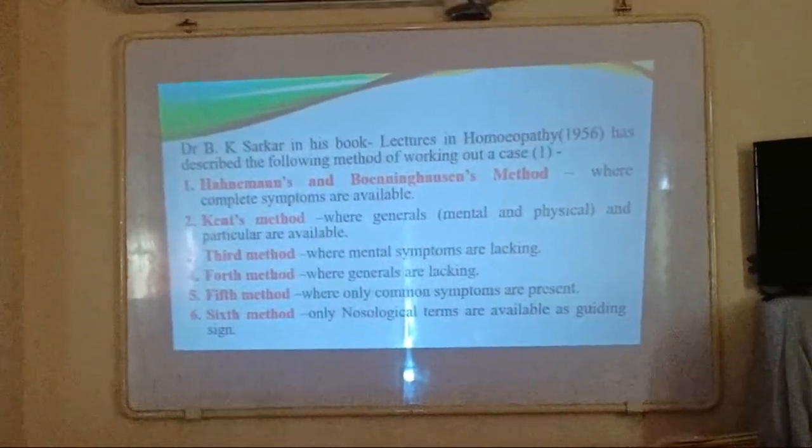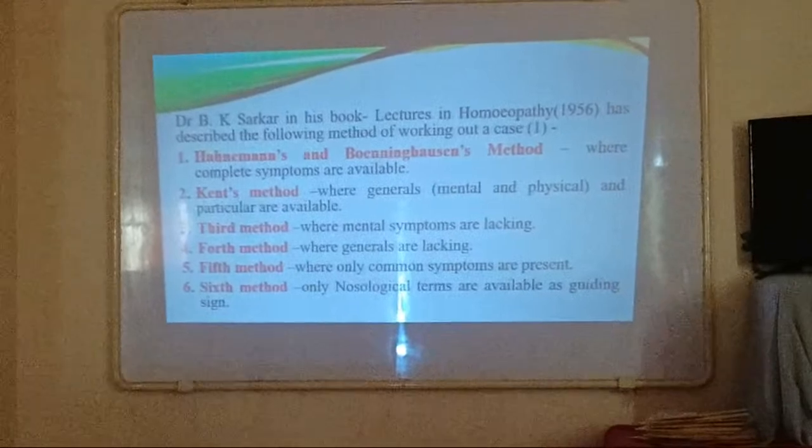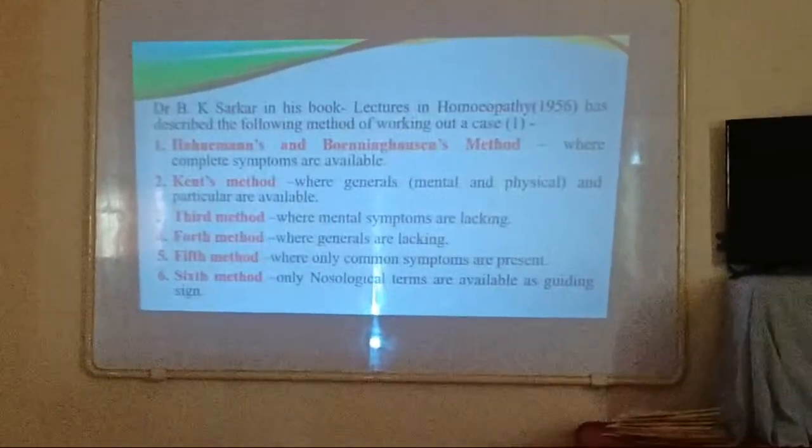So homeopathy was invented by Dr. Hahnemann. So we should follow the guidelines of Hahnemann. Okay. So that is the first method. And Boenninghausen's method. Who is Boenninghausen? Father of repertory. Why do we call Boenninghausen the father of repertory?